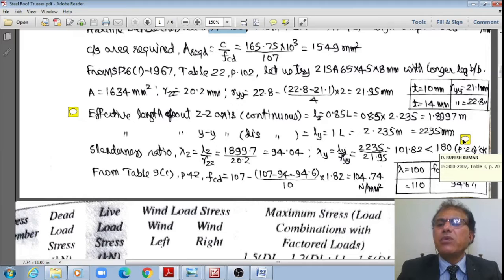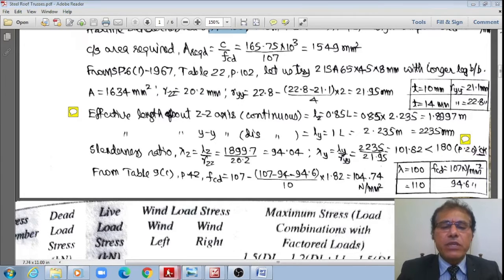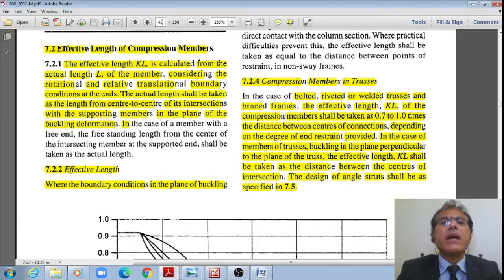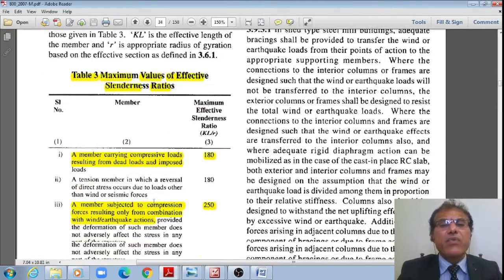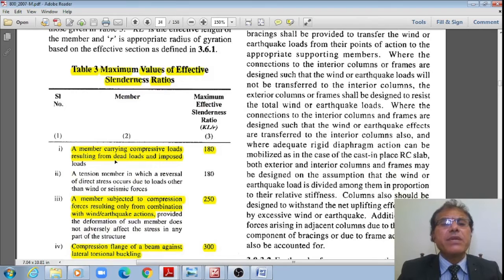And also, if I go to Table 3 of IS 800:2007 from page number 20, student, let me go to that page number 20. Yes, right. Now I can see that for a member carrying compression loads resulting from dead load and live load, the limit is 180.